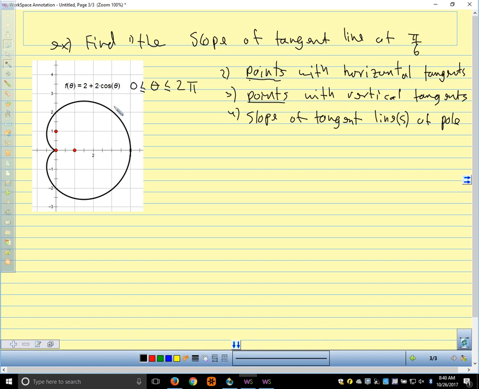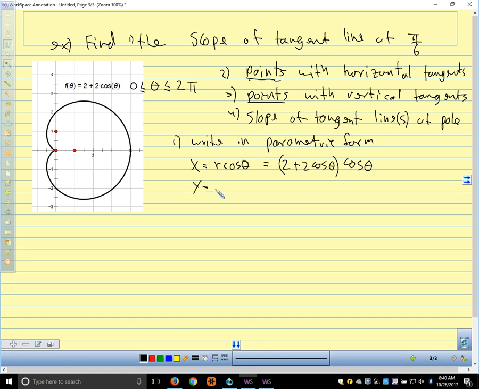So we have a nice cardioid. We need to write it in parametric form. So our first step is write it in parametric form. So x equals r cosine theta, and this is r, so we get 2 plus 2 cosine theta times cosine theta.